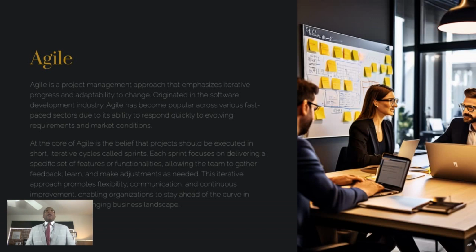One thing about Agile is it is a mindset. Scrum and Kanban are the tools that you could use to actually lead a project. But Agile is more of the mindset. It is becoming so popular that everybody's like, well, we're going to be agile.